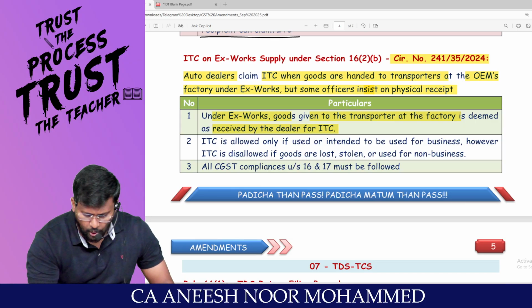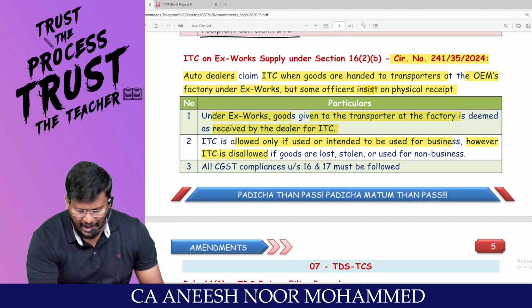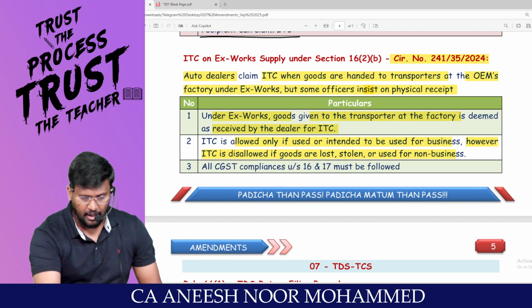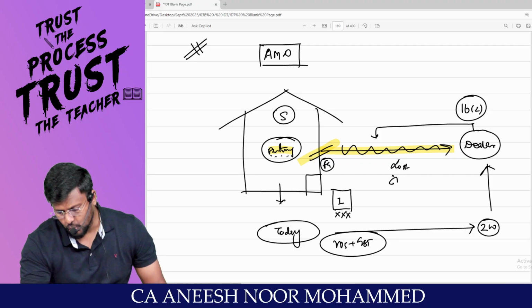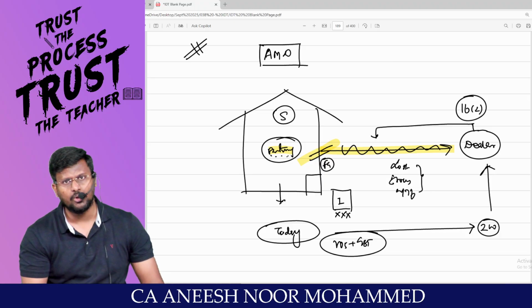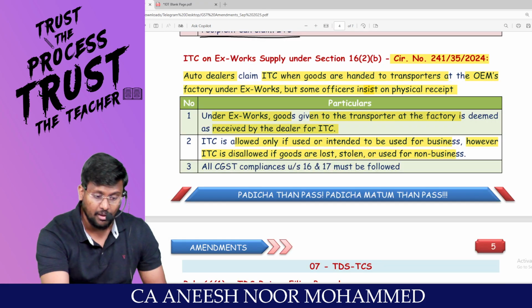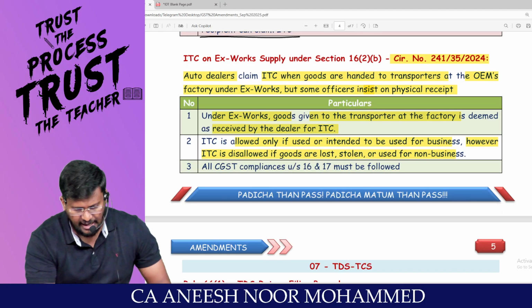ITC is allowed only if used or intended to be used for business. However, ITC is disallowed if the goods are lost, stolen, or used for any non-business purpose. That means during transit, if it has been lost, stolen, or written off, something has happened to the goods, whatever ITC has been availed by the dealer has to be reversed. Super. All CGST compliances under sections 16 and 17 must be followed.